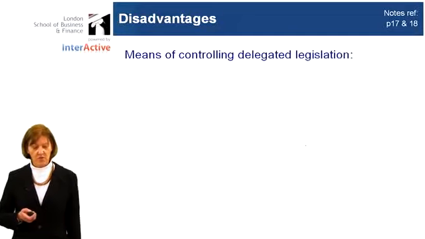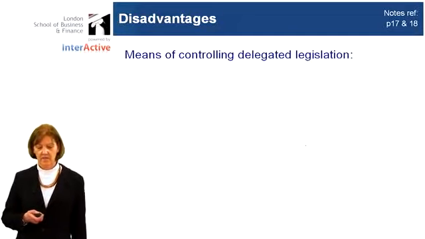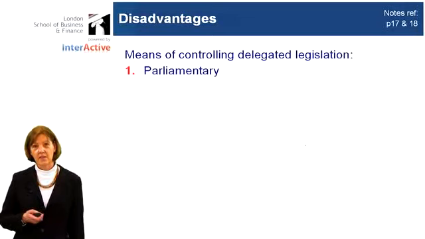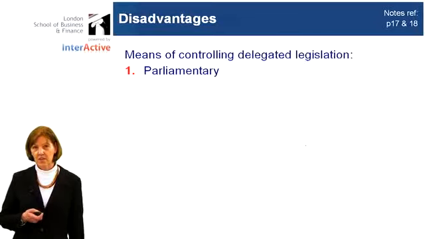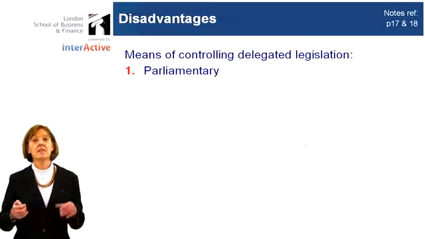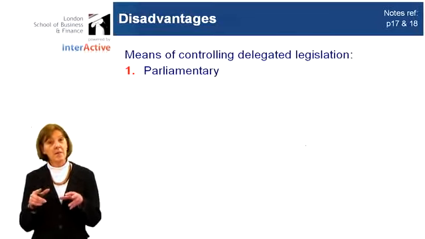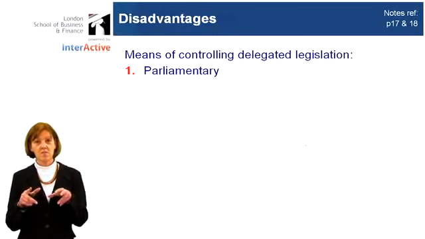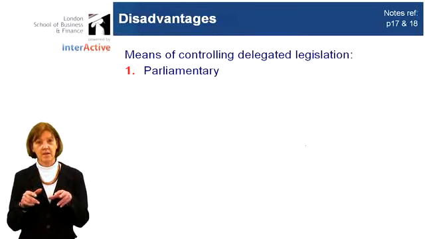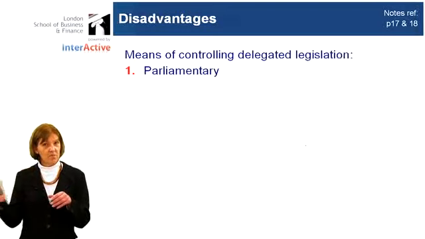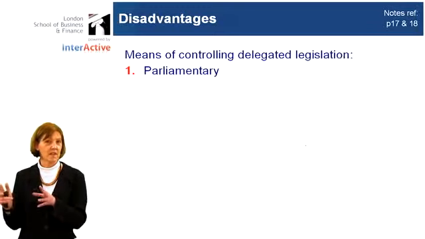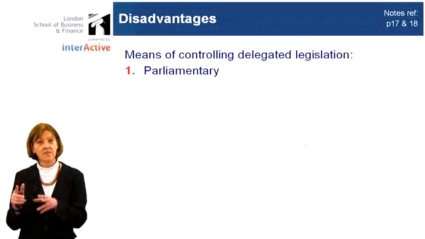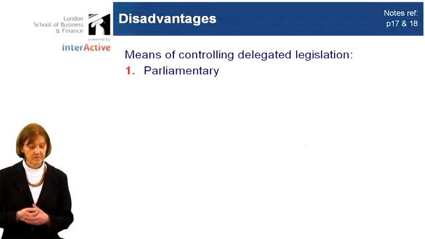So, what controls are there then on delegated legislation? Well, first of all, there is parliamentary control, in the sense that the Act of Parliament, the Enabling Act, will set out the limits of the delegated power. So it will say to increase social security benefits on the 1st of March each year in line with inflation plus or minus 2% or whatever it is. So that of itself is a control.